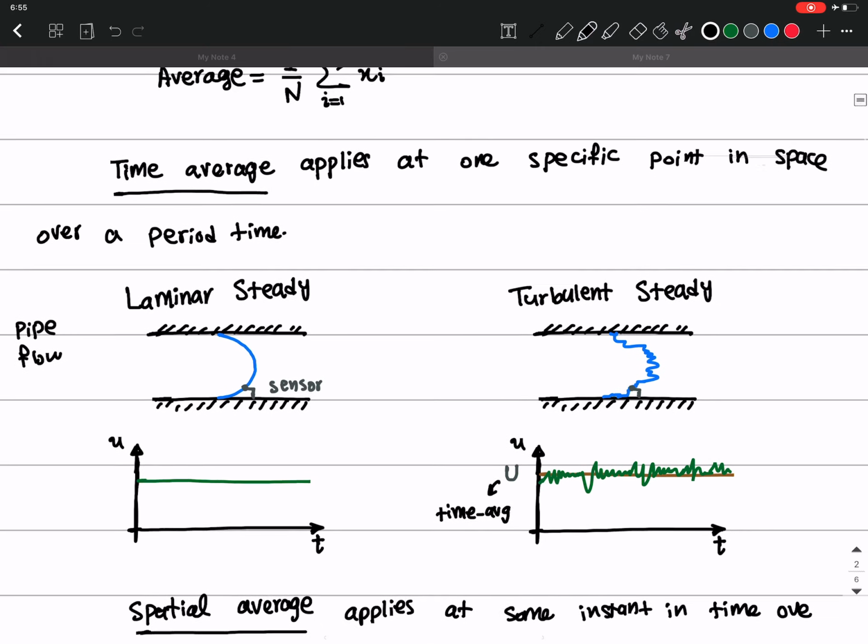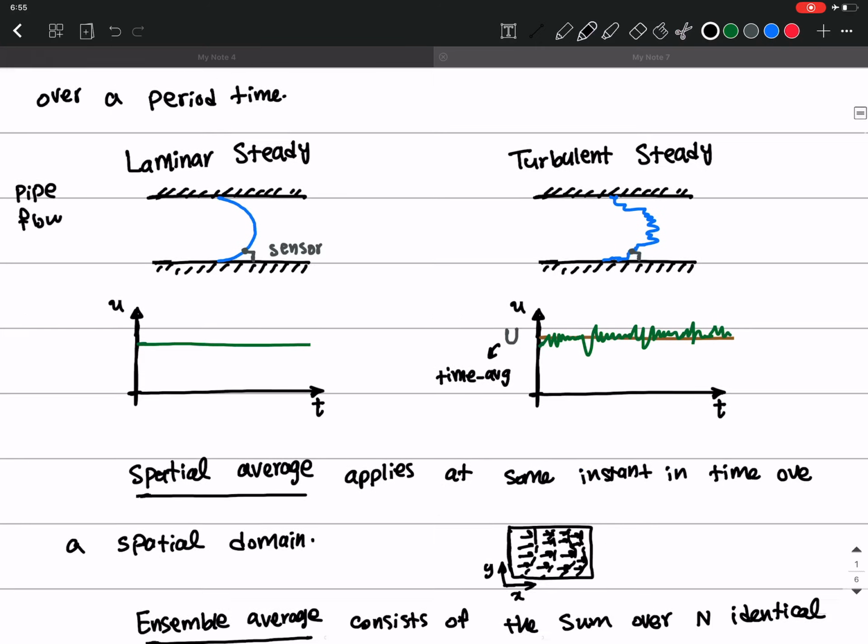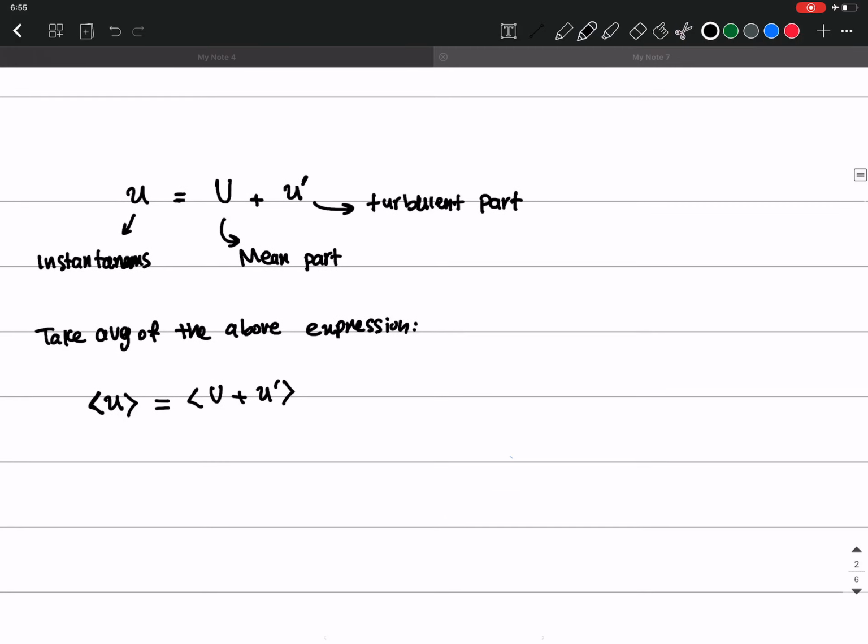Again, the averaging is just this sigma, and you have this linearity of the sigma, so you can separate these two variables, because sigma of x plus y is sigma x plus sigma y, right? These are just sums. So I can write this as bracket u plus bracket u prime.